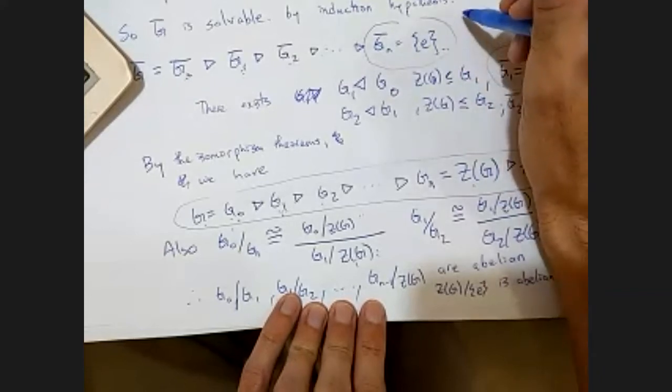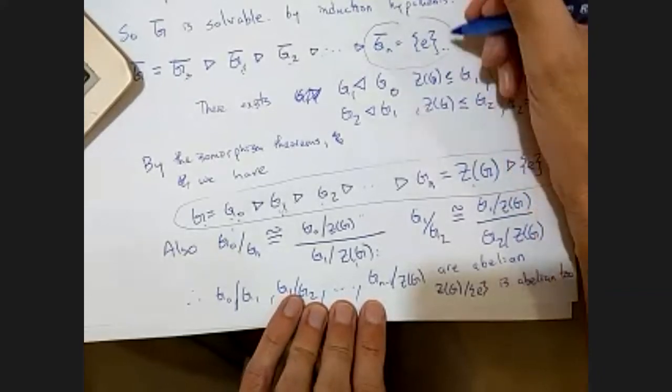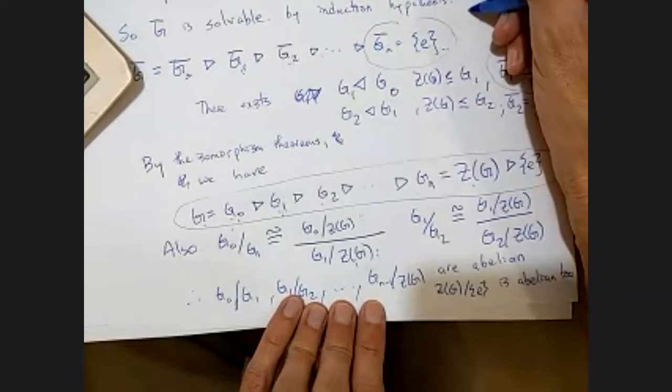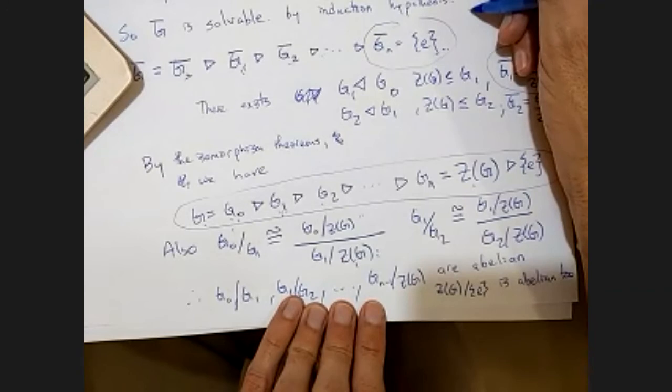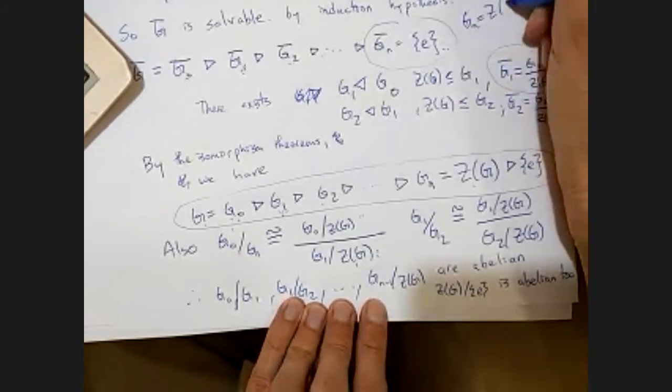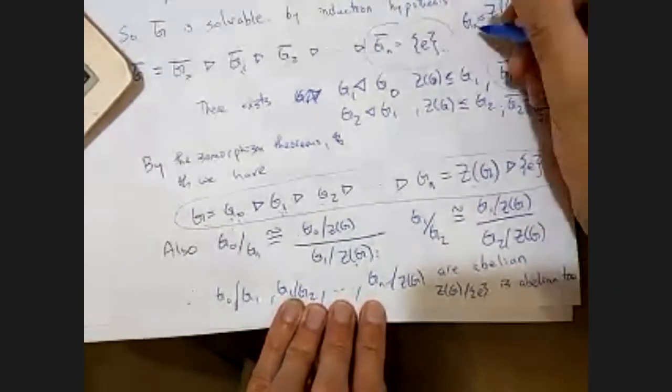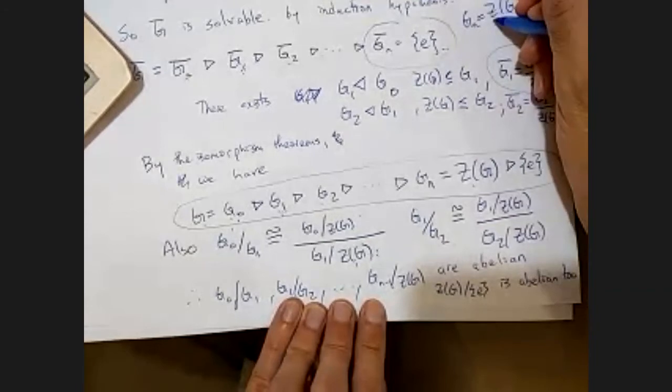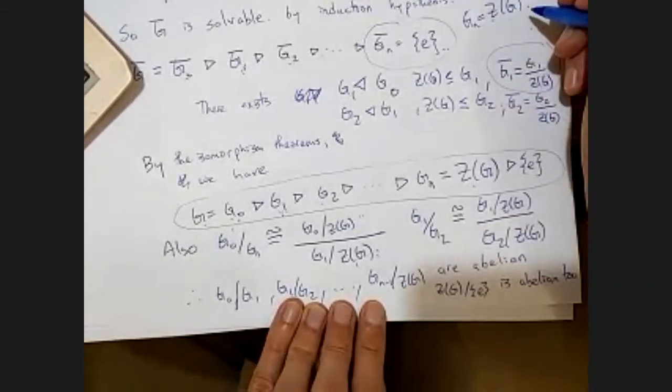According to this theorem, that means we should have a subgroup of G containing the center such that Gn mod the center is trivial. That just means Gn is the center, right? So then Gn mod the center is just center mod center, which is trivial.